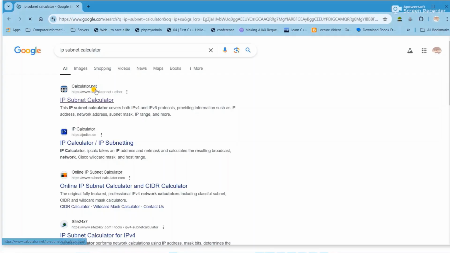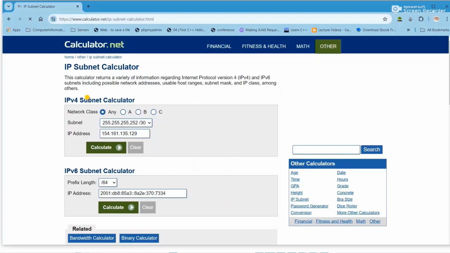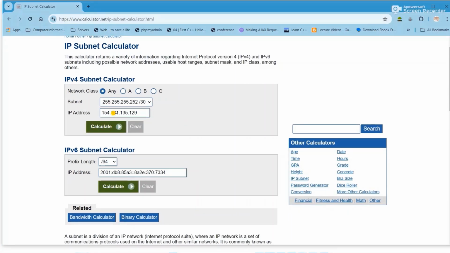We just want to confirm our results. First of all, we did two calculations. For one, we created a subnet mask, and the other one we gave a subnet mask based on the number of subnets that we wanted, and that was the use case for that.